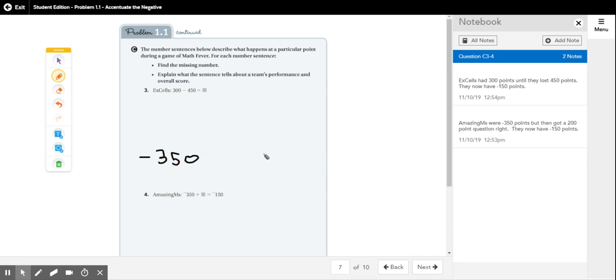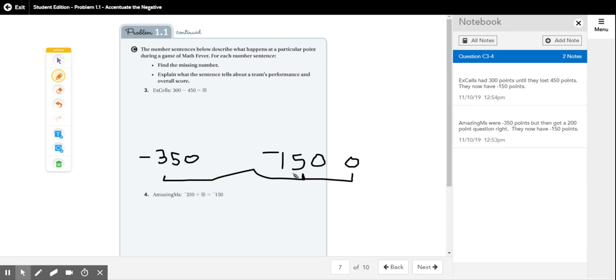And then how are they going to end up at negative 150 points? And we know that if they went further, they would have to get 0 points. So here's 0 points here. Sorry about that. It's not a very straight line.